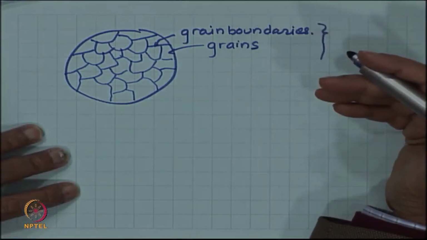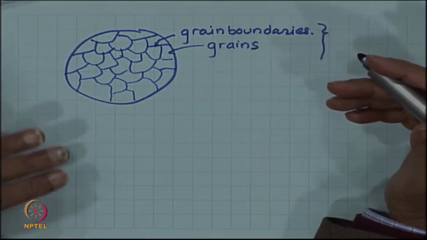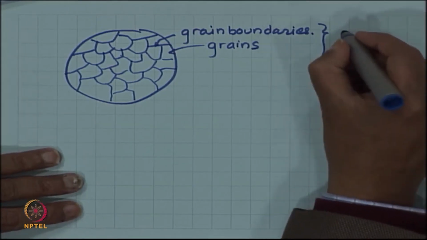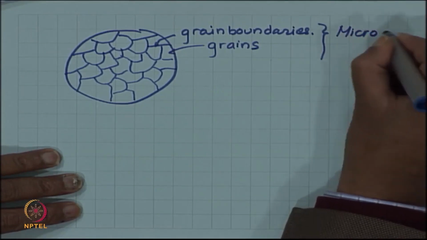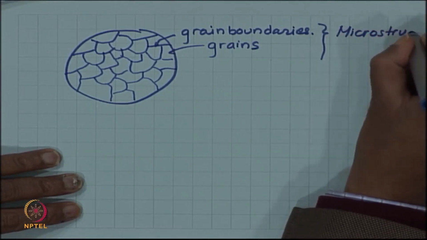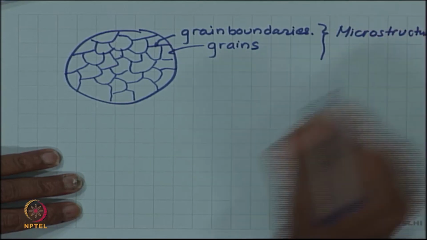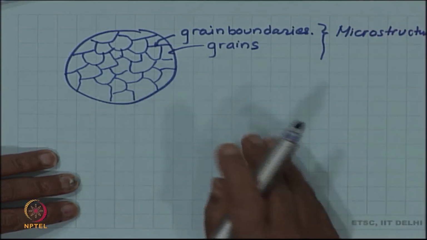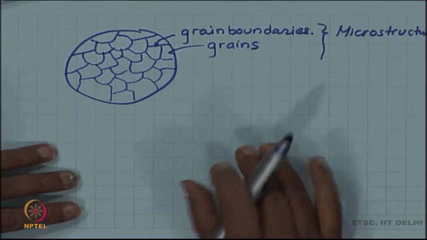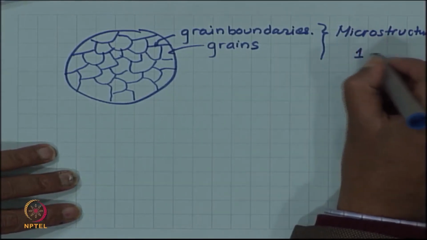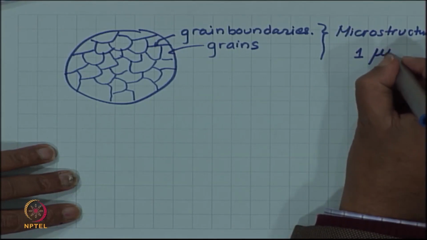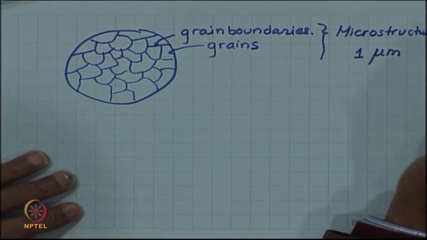These features come from looking at the structure through an optical microscope. They are called microstructure. So, grain boundaries and grains are features of a microstructure. The scale of microstructure is about, let us say, microns. That's where the micrometer comes from.